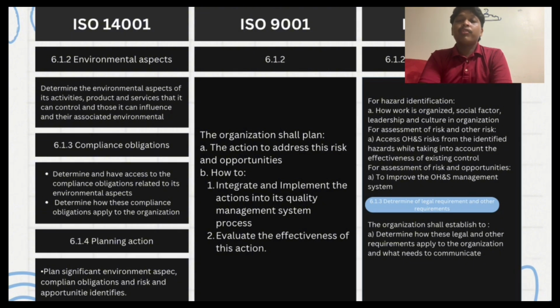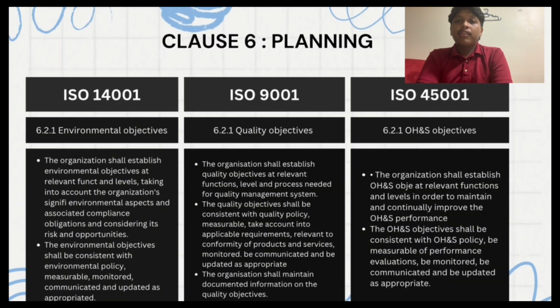Meanwhile, for ISO 45001, it's about hazard identification, determination of legal requirements and other requirements, and planning to action. For the next subclause, which is 6.2, ISO 14001 focuses on environmental objectives, while ISO 9001 focuses on quality objectives, and ISO 45001 focuses on OSH objectives.